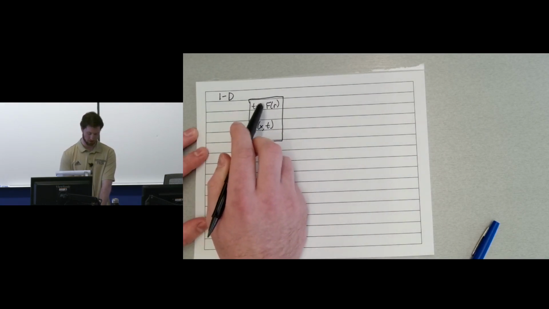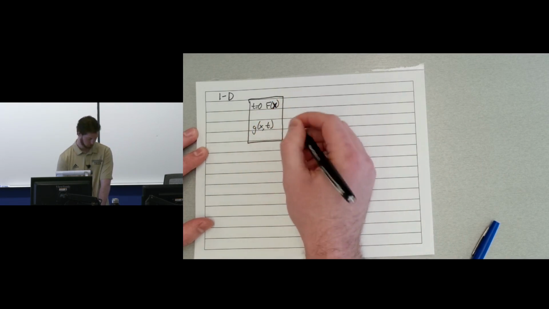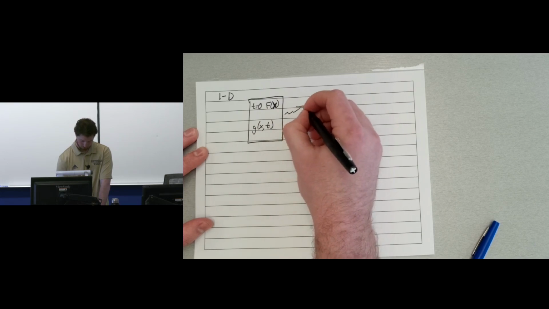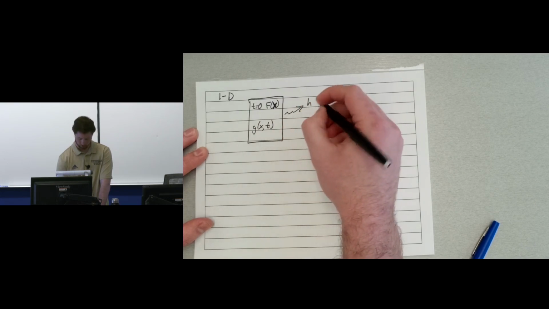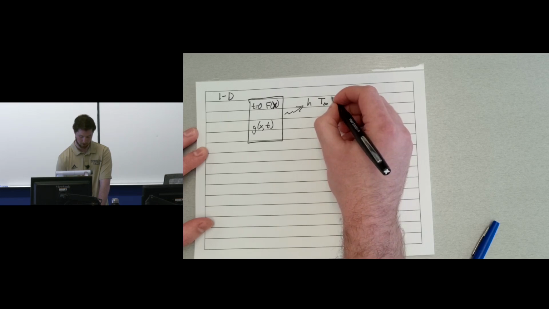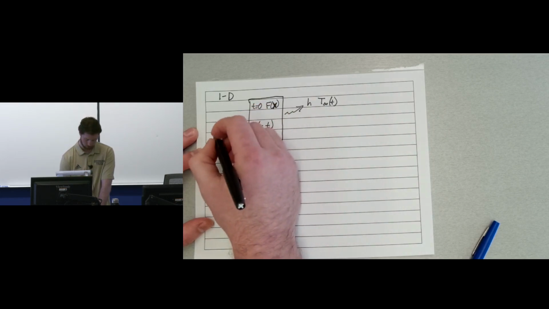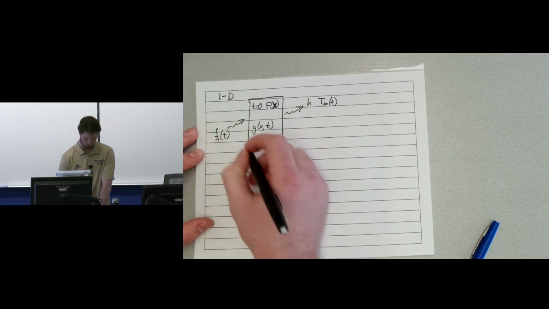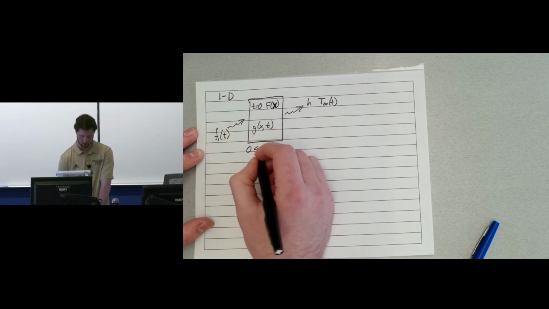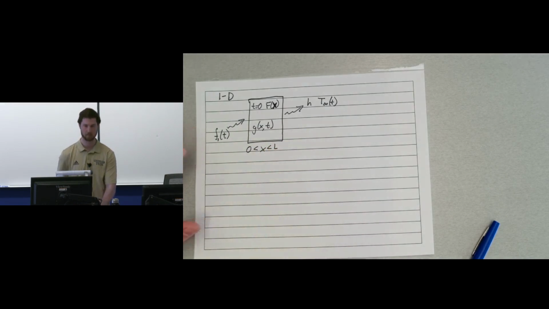At time equals 0, we'll have some, I wrote r, this should be x, initial condition. On this side, we'll have a heat transfer coefficient and some time-dependent fluid temperature. And on this side, we'll have a heat flux that I'm going to call F1 of t. And this is going to be bound from 0 less than x less than L.